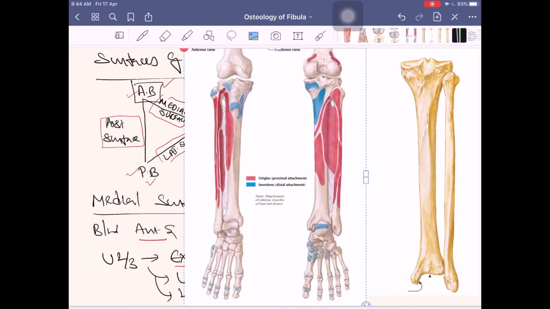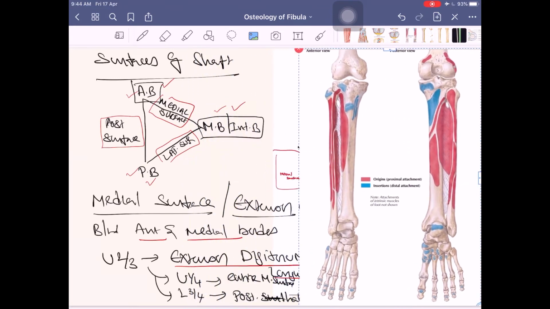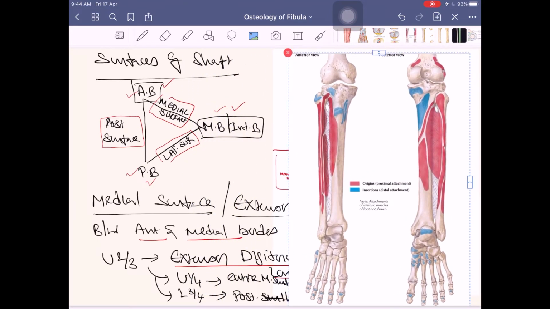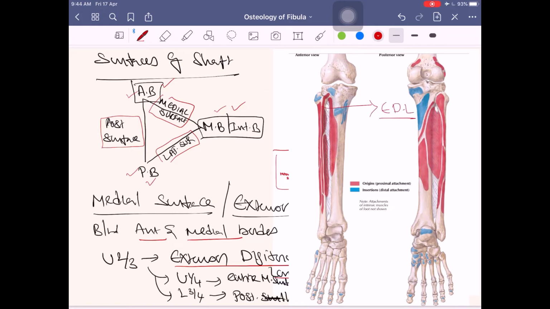This is the muscle we are talking about, the extensor digitorum longus, something like a toothbrush. In the upper area it is a little big like this, in the lower area it is smaller, thinner. In the upper 2/3, the upper 1/4 area is total, whereas in the lower it is only on one aspect of it.